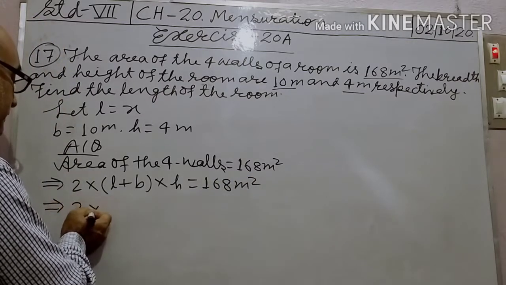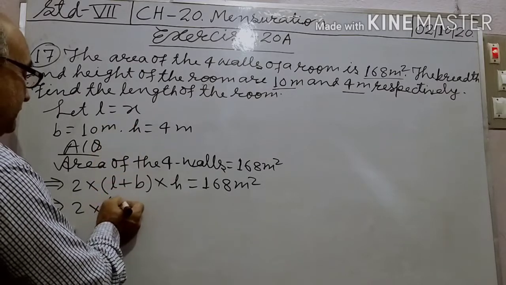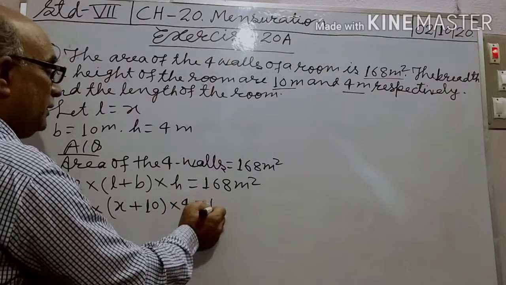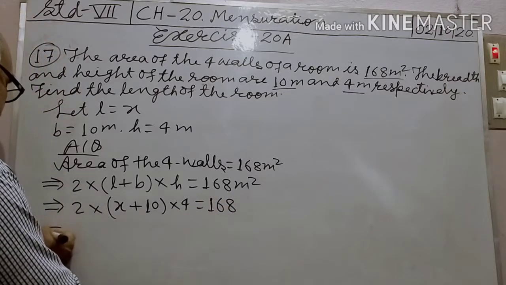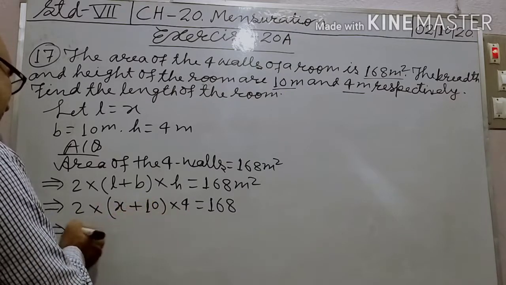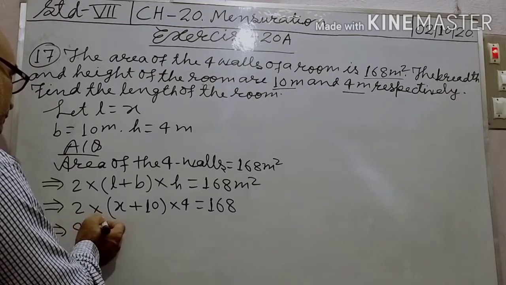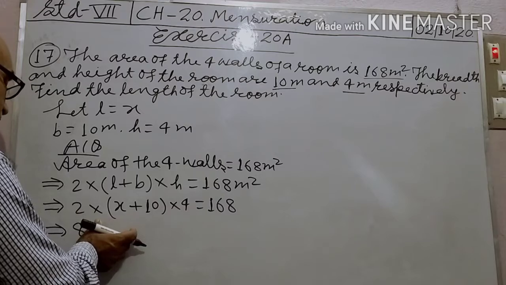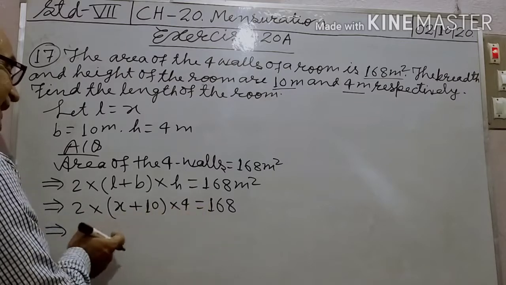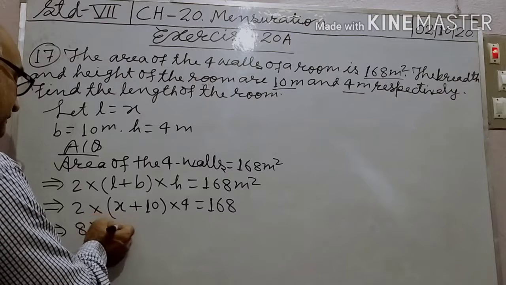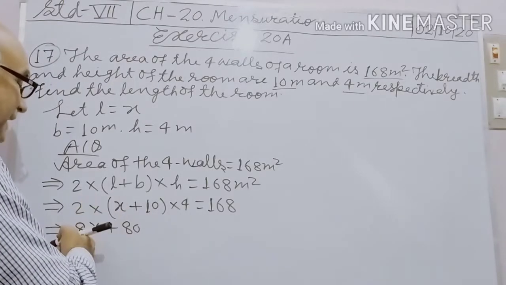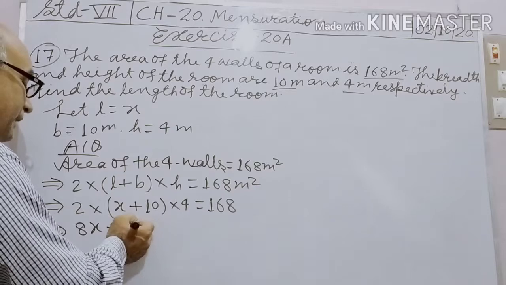That implies 2 into x plus 10 into 4 equal to 168. 2 4s are 8, so 8 into x, remove the bracket, 8x plus 80.